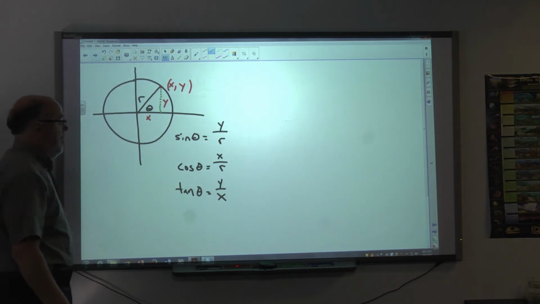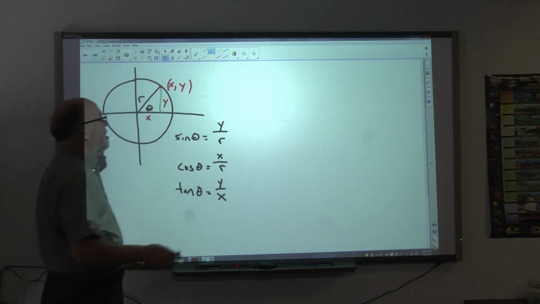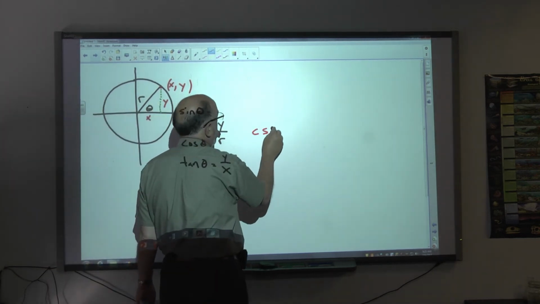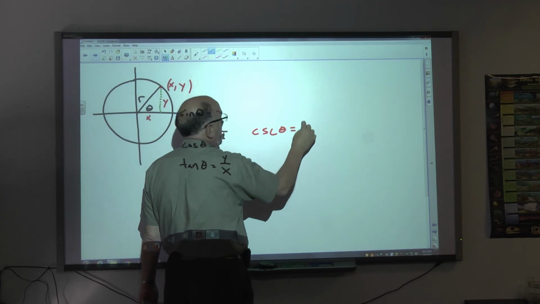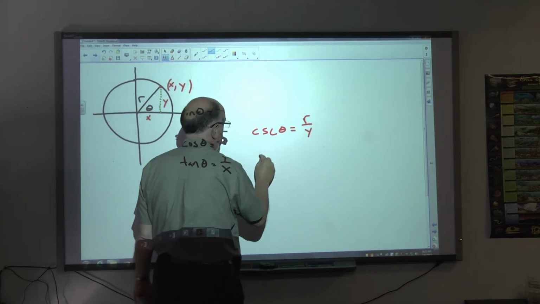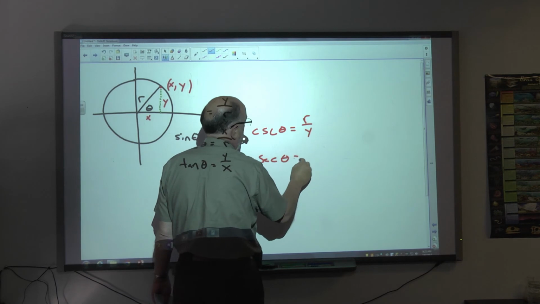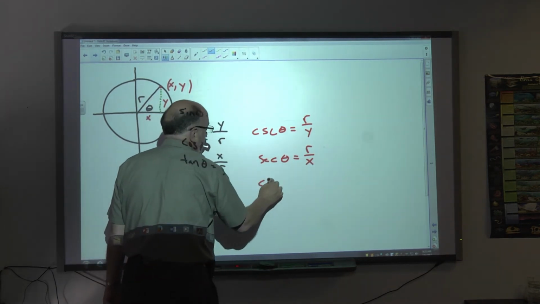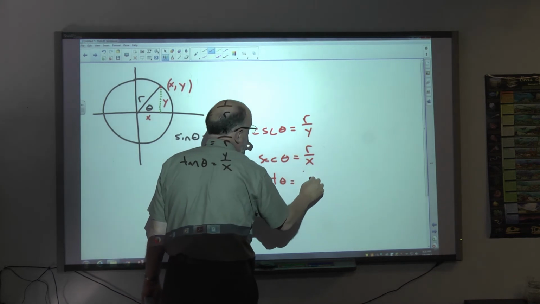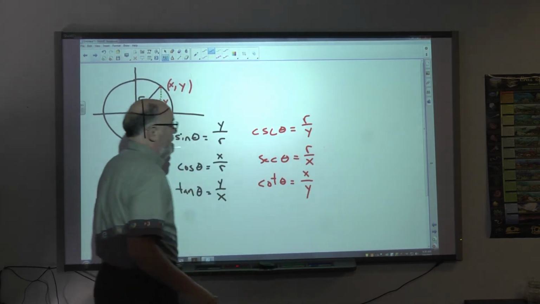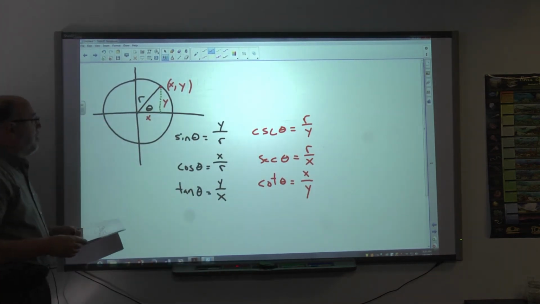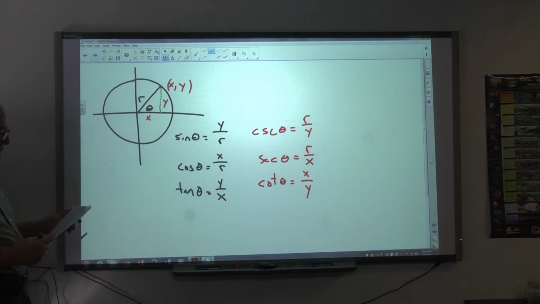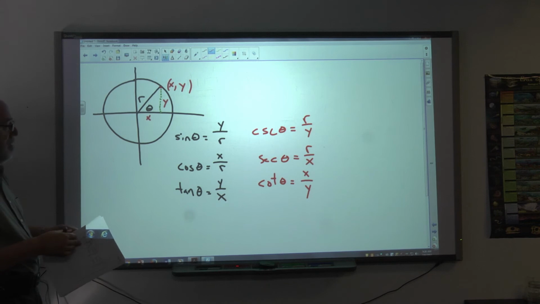And then if I write out the other three, the reciprocals, we get cosecant is r over y. Secant is r over x. And cotangent is x over y. So I can rewrite this in terms of my circle, in terms of x's and y's and r's.